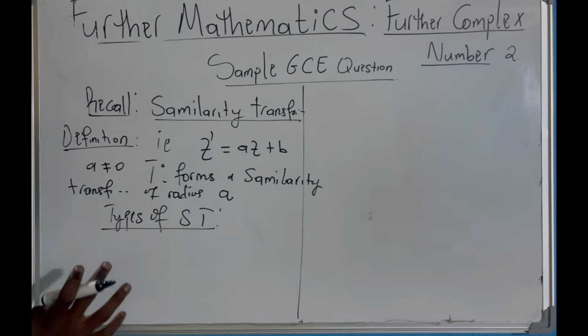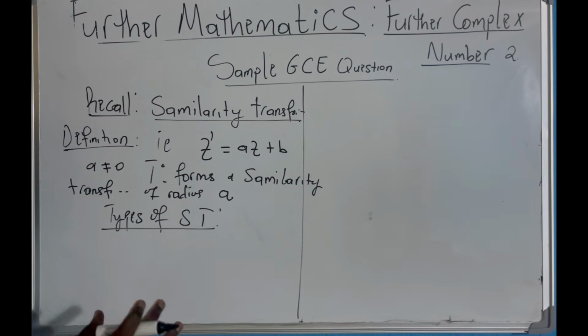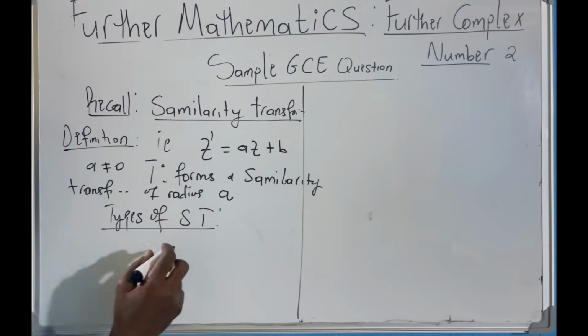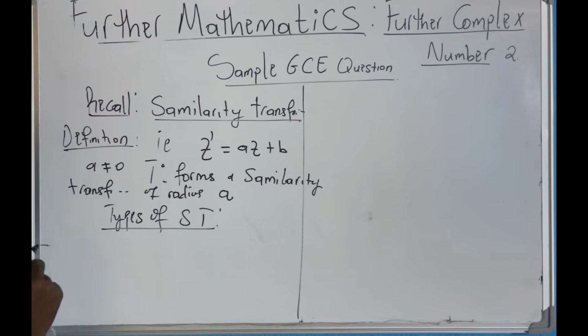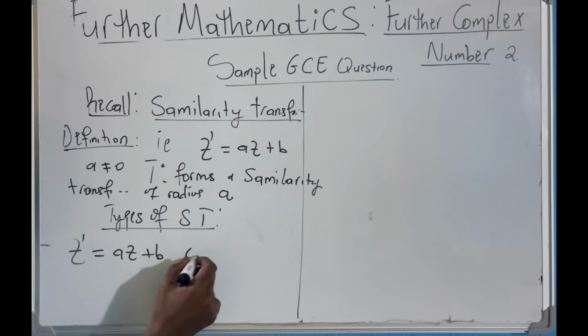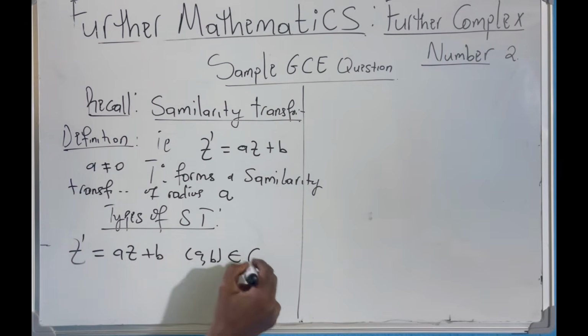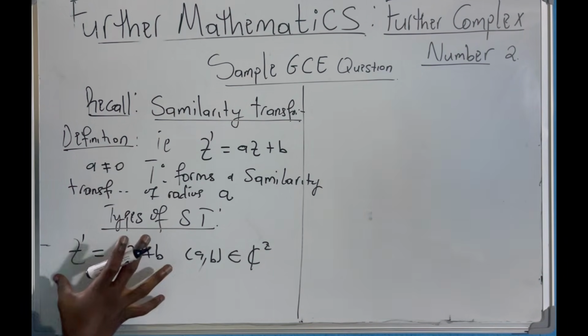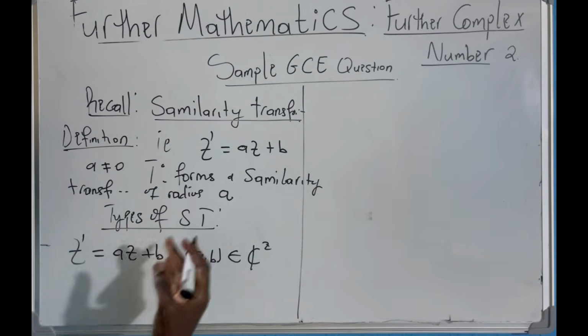To study the transformation T of a plane, the first thing to do is to write the complex number in the form z prime equals az plus b, where a and b belong to the set of complex numbers. Any complex number written in this form already forms a similarity transformation.